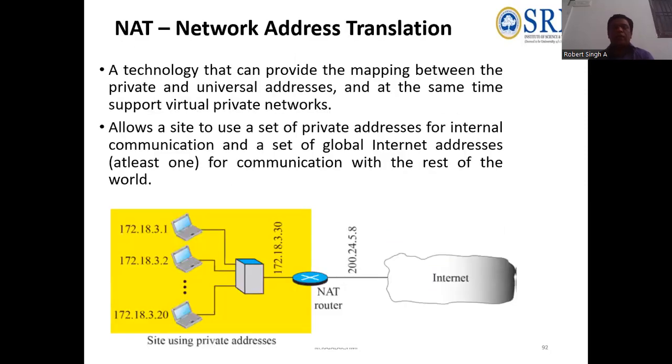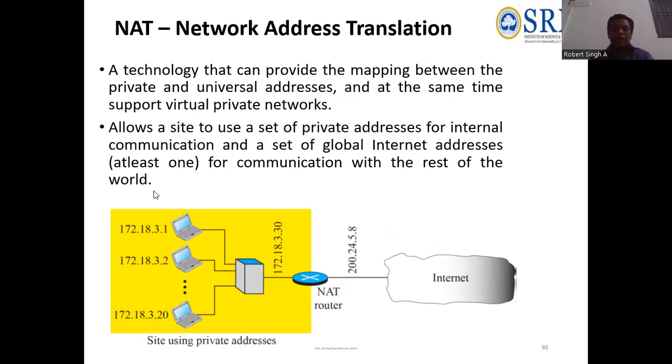The second topic is about network address translation, NAT. NAT provides the mapping between the public address and the private address, and it also supports virtual private networks. Normally NAT allows a set of private addresses for internal communication and a set of internet addresses for communication outside the organization.